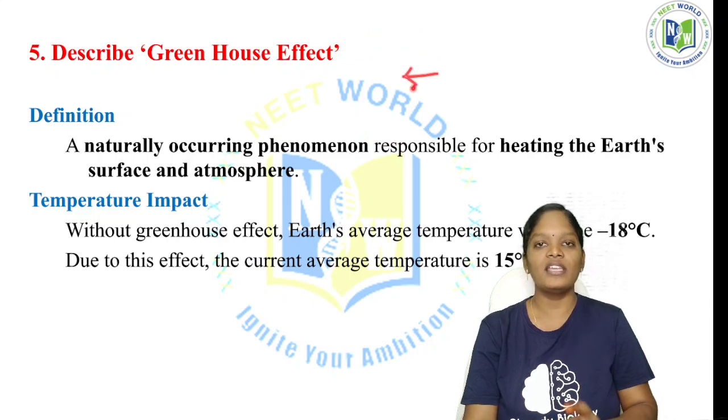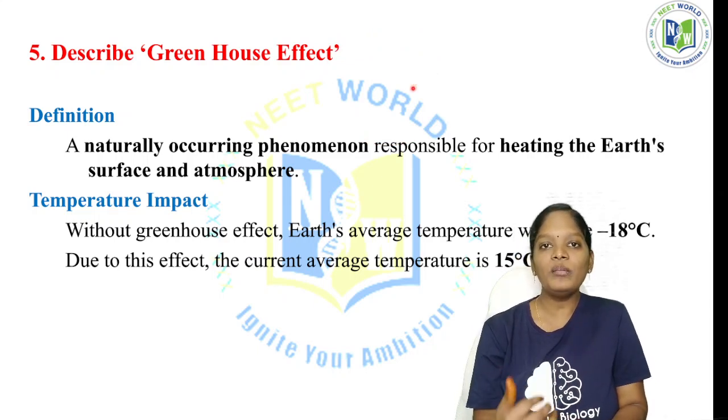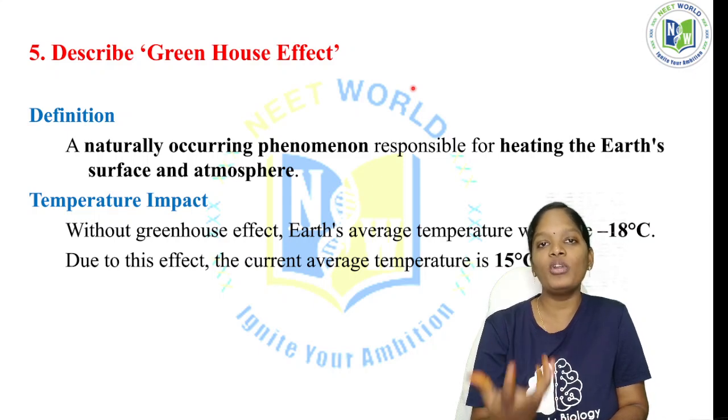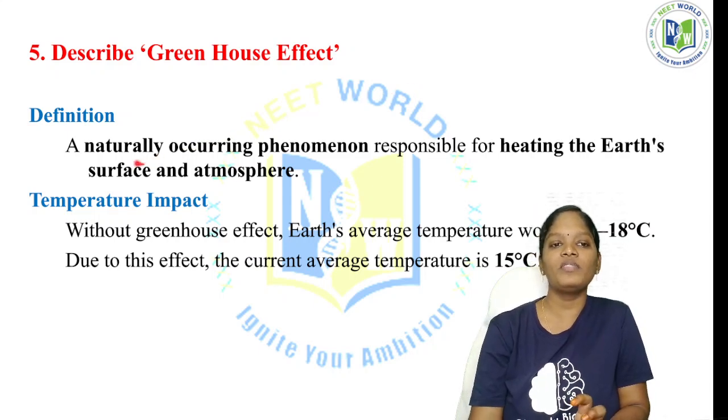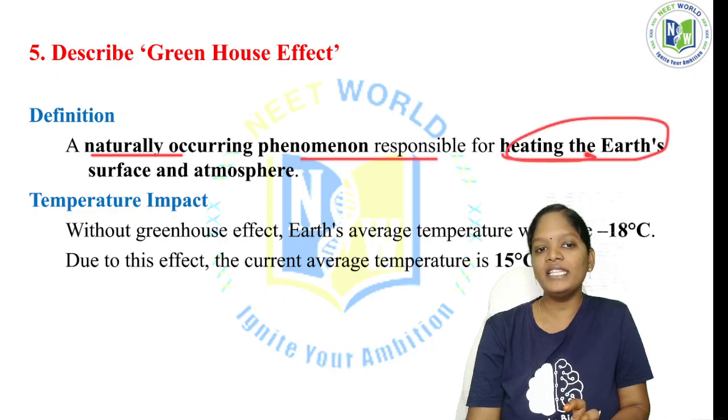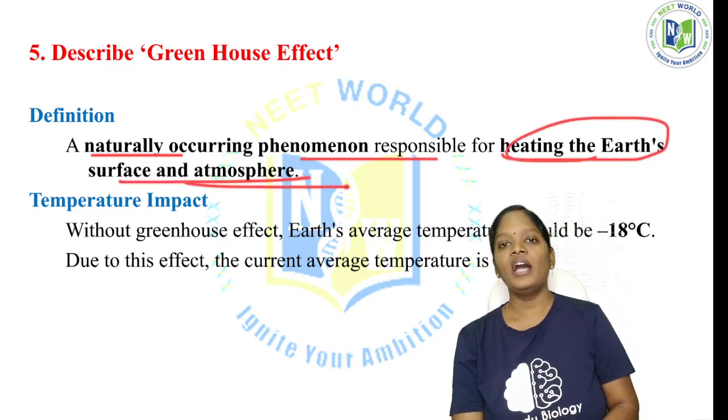The layers, the gases, are getting trapped within the surface of the earth. So this makes the earth's temperature higher. It is a naturally occurring phenomenon responsible for heating the earth's surface and the atmosphere.